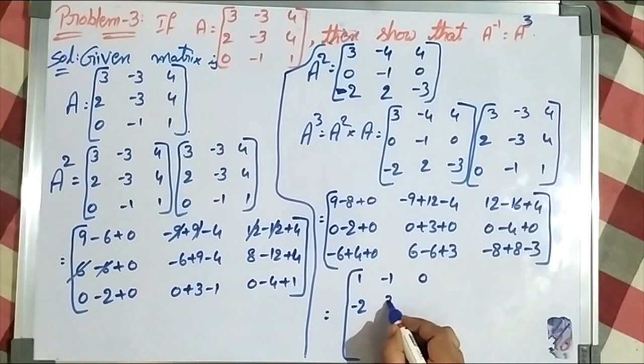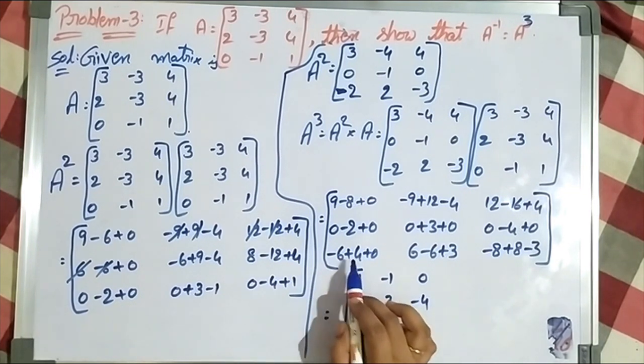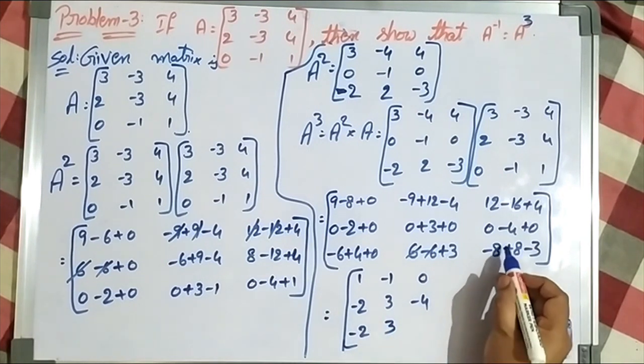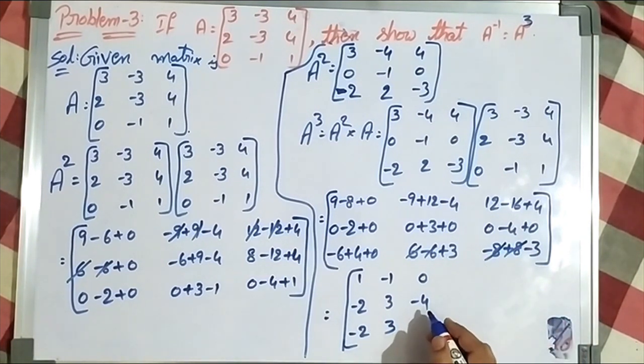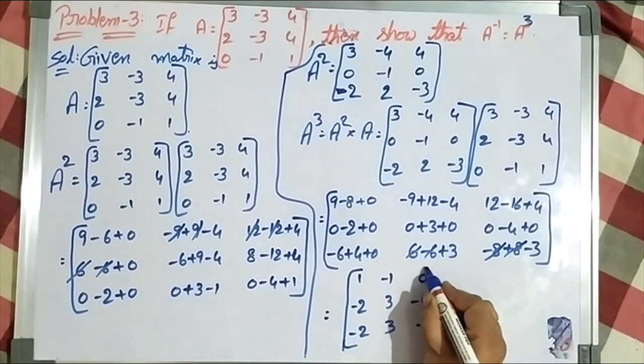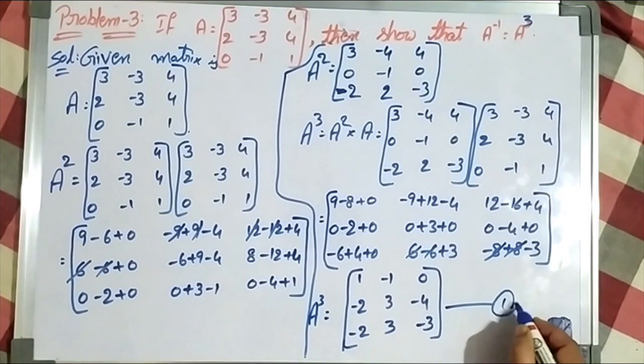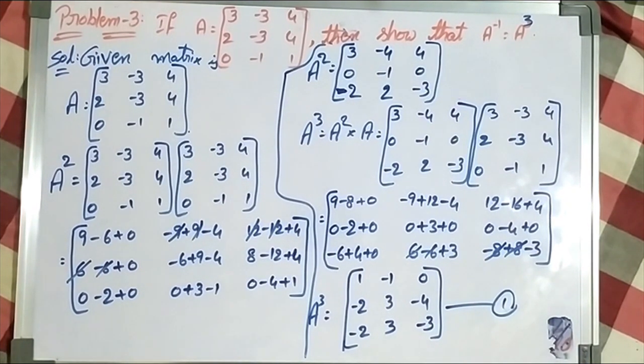Minus 2, 3, minus 4, minus 6 plus 4, minus 2. Plus 6 minus 6 get cancelled, then the value is 3. Plus 8 minus 8 get cancelled, the value is minus 3. This is the A cube value. Let it be equation number 1.